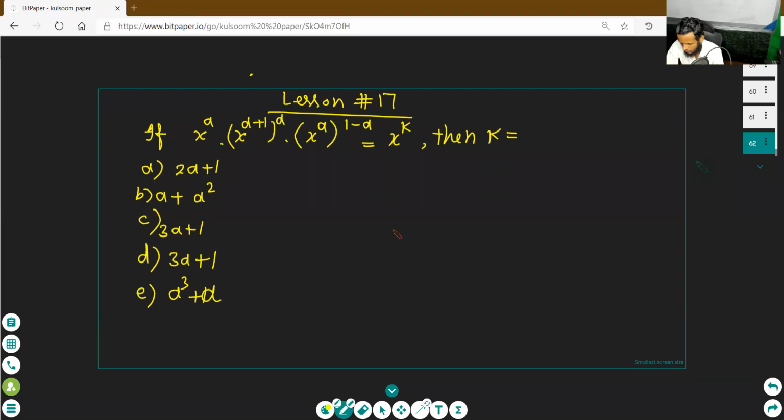Now you should solve it and find the answer. It is very easy.